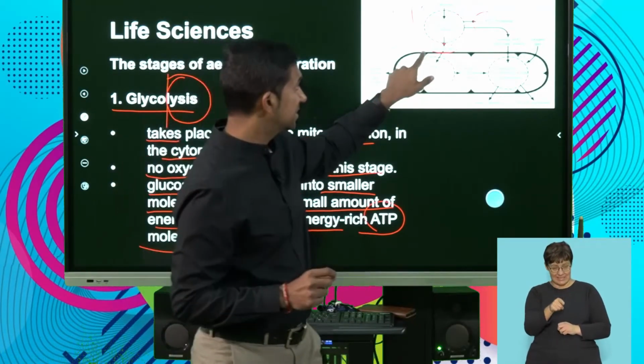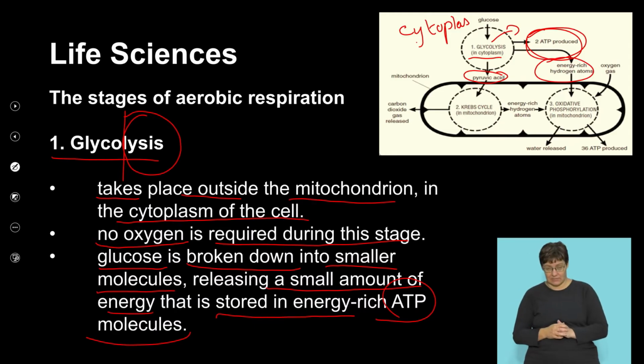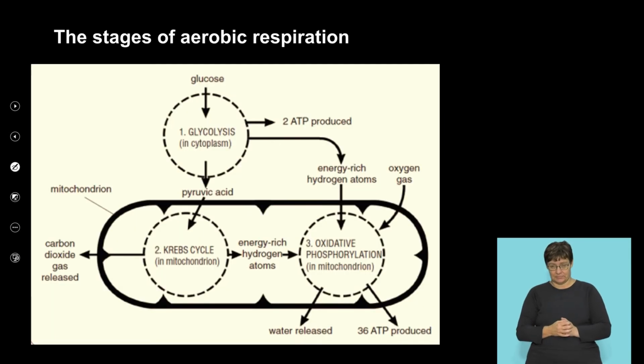The pyruvic acid then moves into the next stage, which is the Krebs cycle, into the mitochondria, and the energy-rich hydrogen atoms, which are now in the form of ATP, are used in the next steps. Right, so that's glycolysis. We mentioned that the energy-rich hydrogen atoms are then used in the third stage of the process.